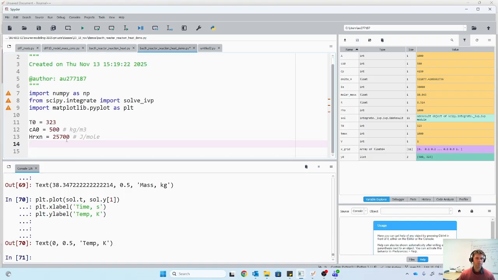Already now I would like to convert this heat of reaction to joule per kilogram.